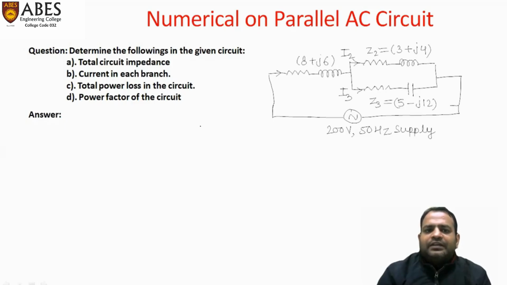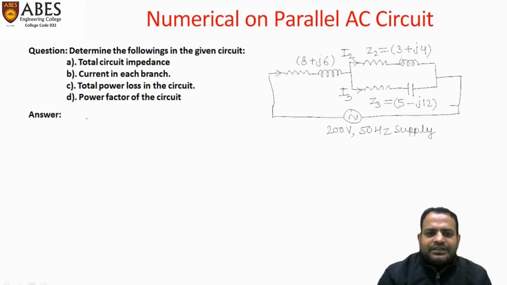We are finding the total impedance of the circuit, then branch currents I1, I2 and I3, total power loss in the circuit and power factor of the circuit.